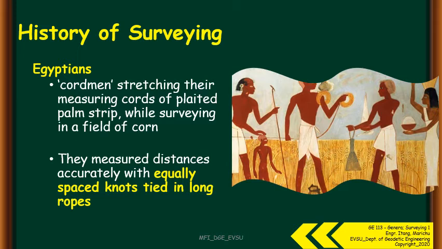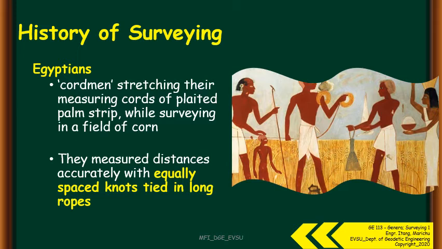However, the Nile River, found in Egypt, flooded every year. So, the boundaries they had set out were destroyed. They found out that they had to set out the boundaries again. So, they are the ones who used the surveying method.